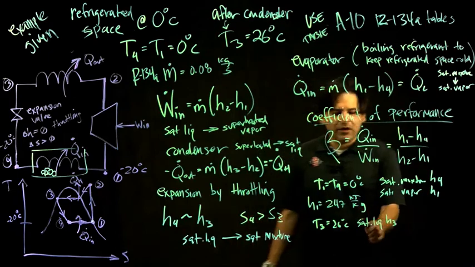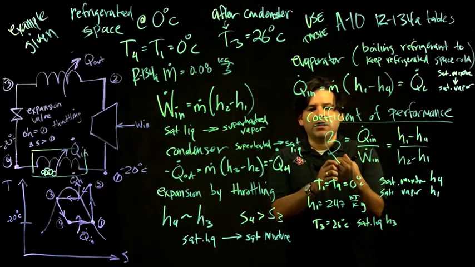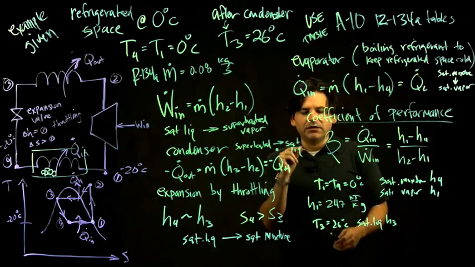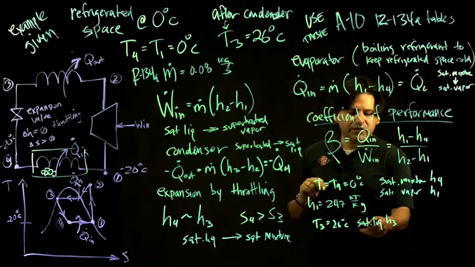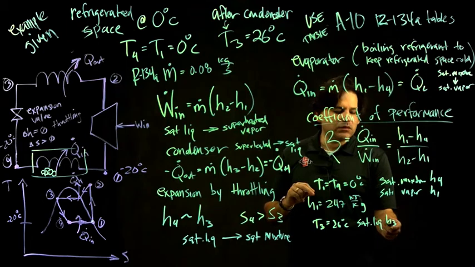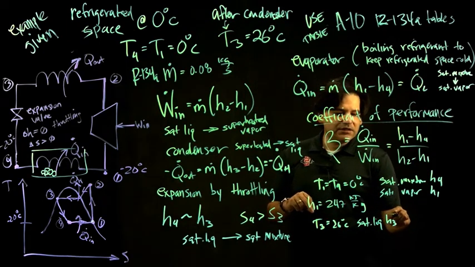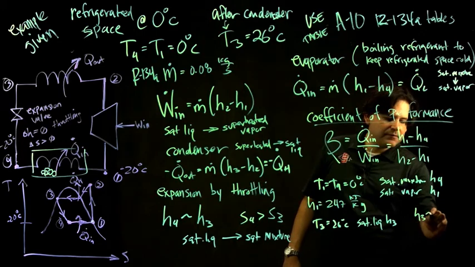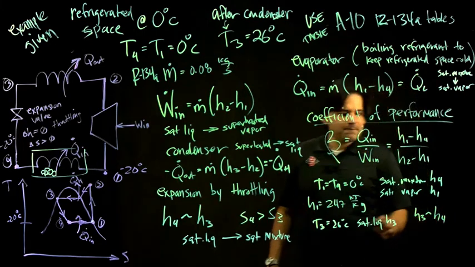That pins down those two properties. It's on the borderline. There's only one possible value at 26 degrees Celsius to be on that borderline. If it's saturated liquid, there's only one H3 possible. It's 0% quality. That is known. And we know that throttling gives H3 approximately equal to H4.